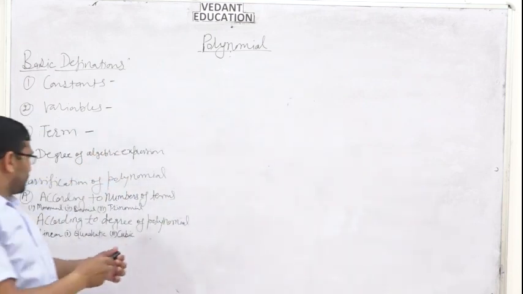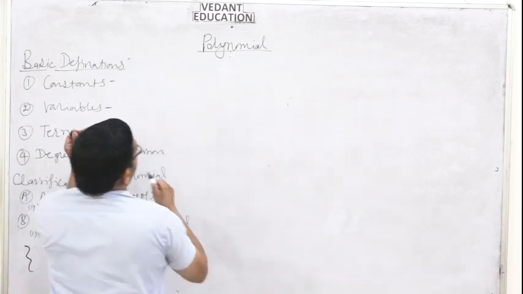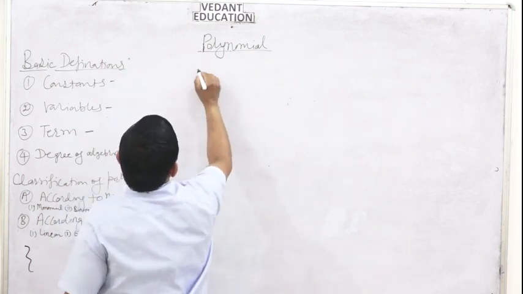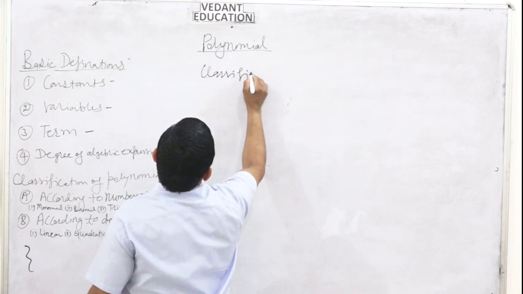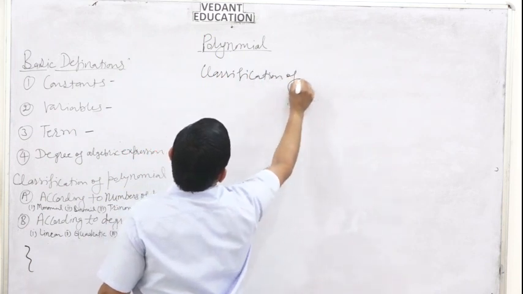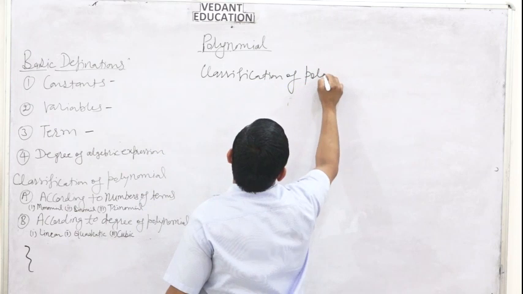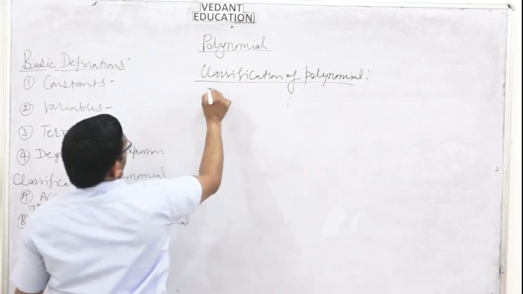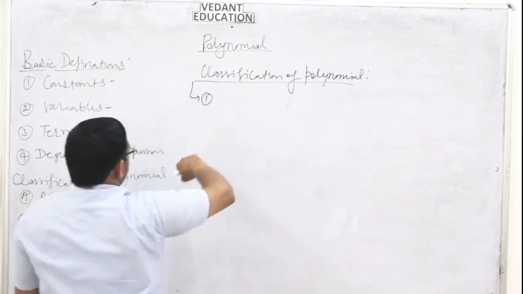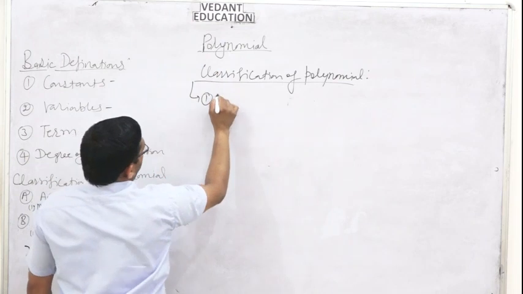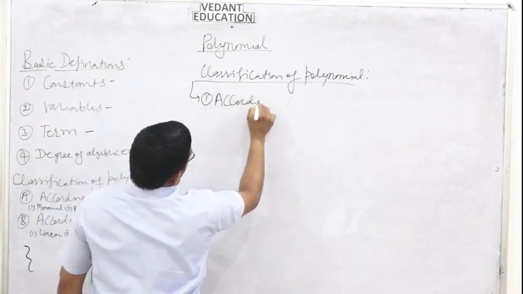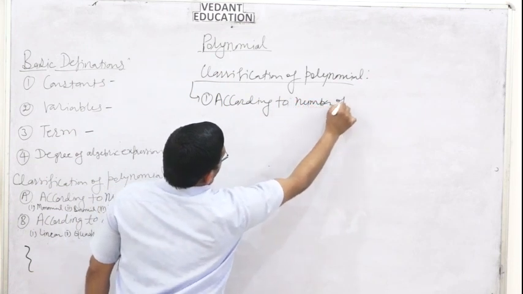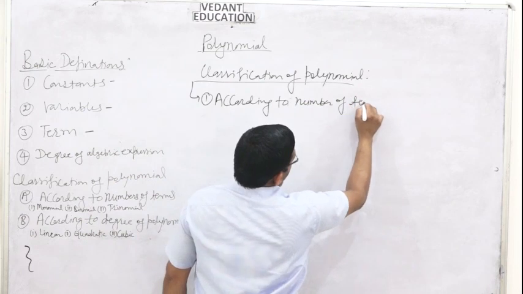Now next is classification of polynomials. First, classification according to the number of terms.